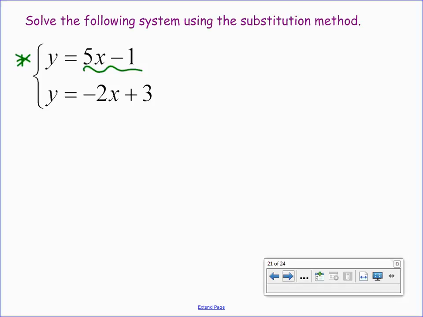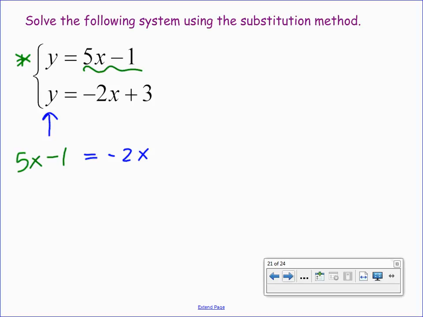I'm going to take 5x minus 1 from the first equation and substitute it into my second equation everywhere I see a y. So I'm going to rewrite the second equation, but instead of y, I'm going to put 5x minus 1. I'm substituting in what y equals.